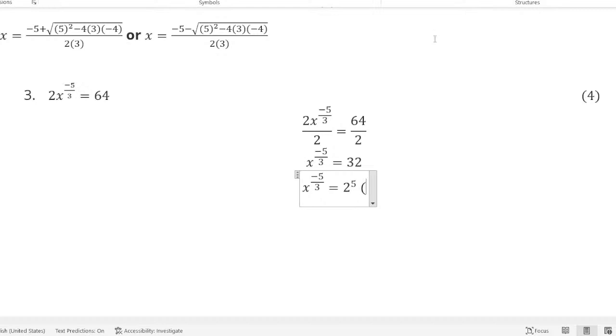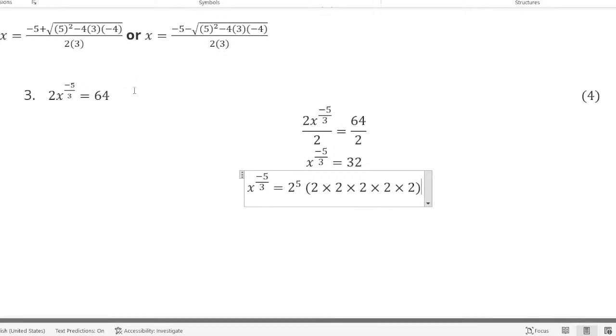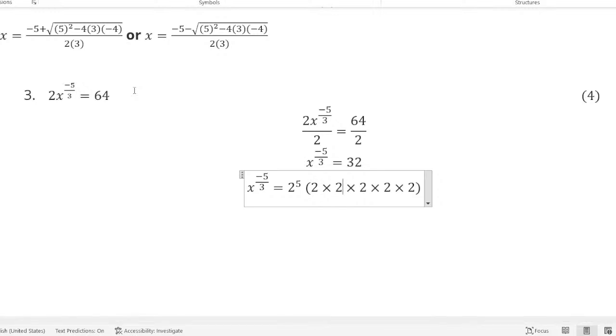Remember this is the same as 2 times 2 times 2 times 2 times 2. So 2 to the power 5 is the same as 2 times 2, that is 4. 4 times 2 is 8. 8 times 2 is 16. 16 times 2 is 32.